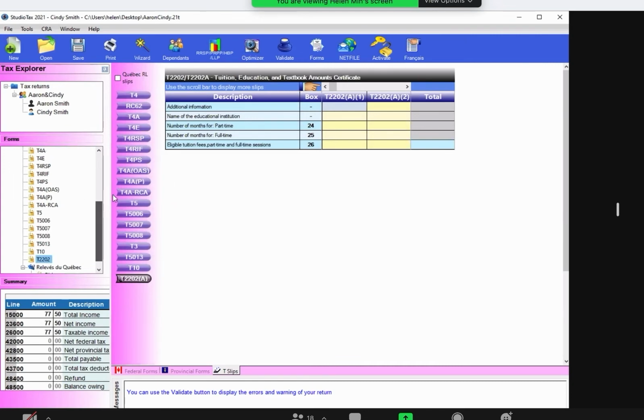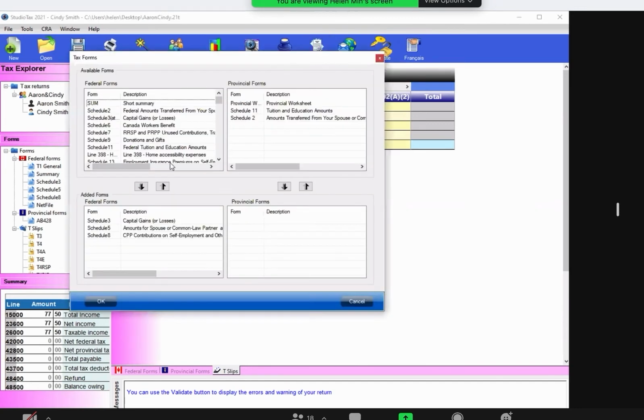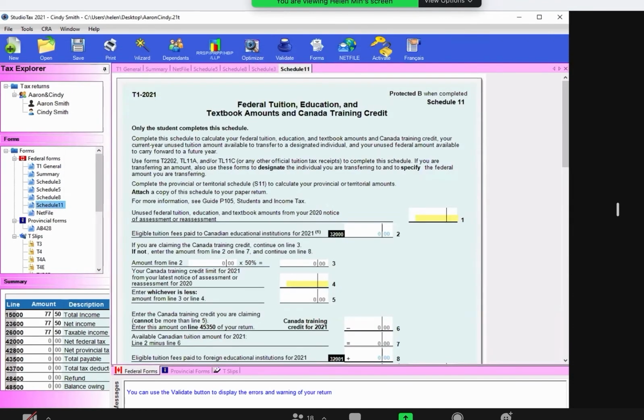Then you go to schedule 11. We know that as long as you have tuition, you need to prepare schedule 11. When you prepare schedule 11, you check the same thing.